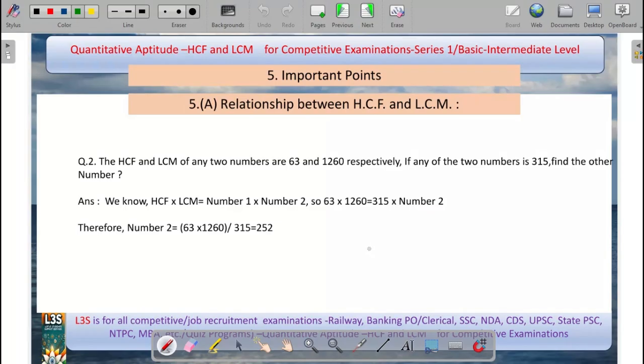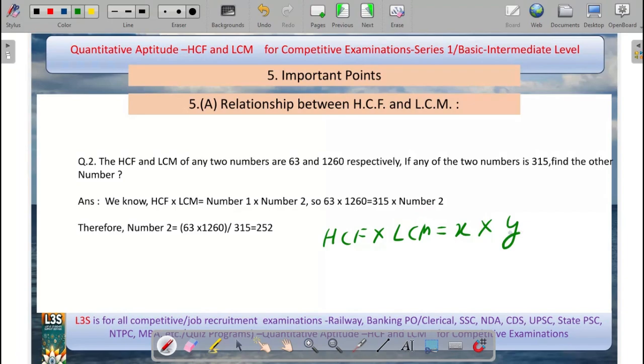The HCF and LCM of two numbers are 63 and 1260 respectively. If one of the two numbers is 315, find the other number. We know HCF into LCM is equal to the product of the numbers. Say number 1 is x and number 2 is y.